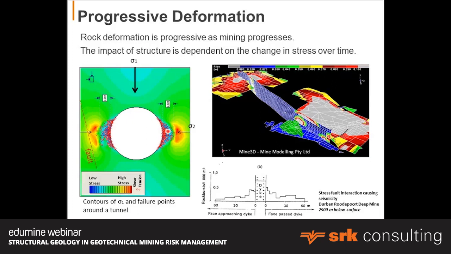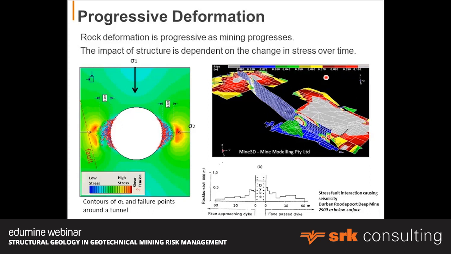Those fractures would propagate further and further away from the edges, and perhaps there's a fault there, and the stress moves ahead, because as the rock fractures, you actually reduce the stress and move the stress to an area where there's no fractures, right? And perhaps that would cause strain on a fault system. So that fault may not react immediately as the tunnel is developed, but may react at some point in time.